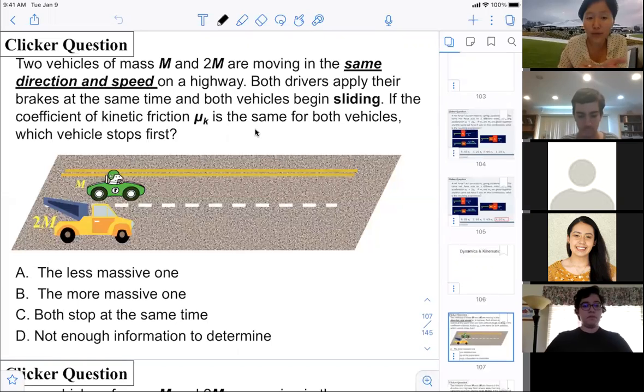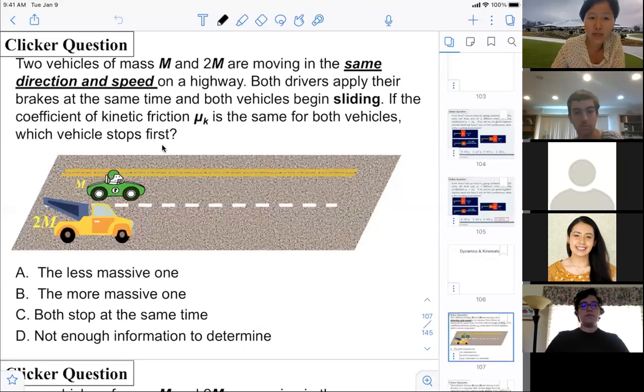Our tire never really stops rolling, right? It continues to roll. But here, for the simplicity of analysis, we are thinking of them as sliding. That's not what really happens in real life. But if they do start to slide, and you have the same coefficient of kinetic friction for both of the vehicles and the surface, which vehicle stops first?